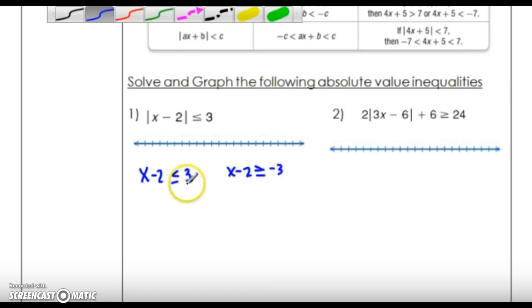So when we do a positive and we do a negative, just like when we were solving absolute value equations, we have to flip our sign when we do that negative number. So now we can solve. x is less than or equal to 5. Over here, add 2, add 2. x is greater than or equal to negative 1.